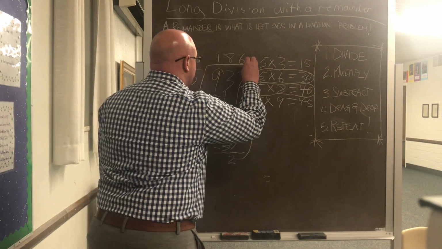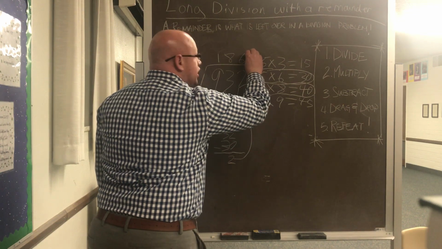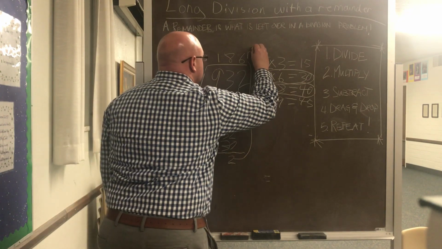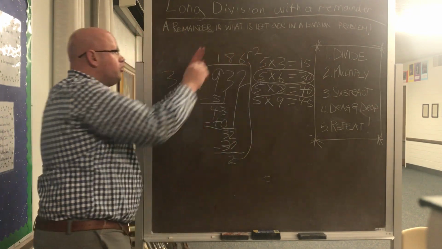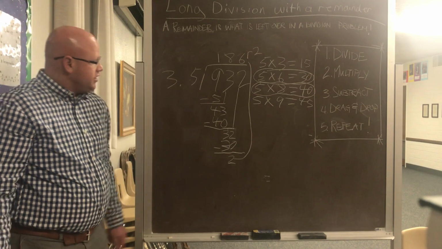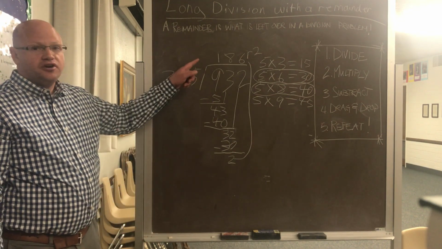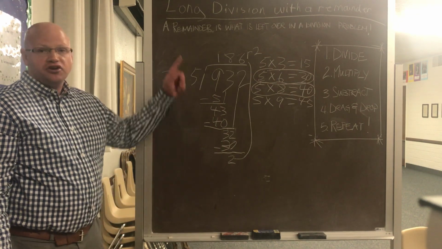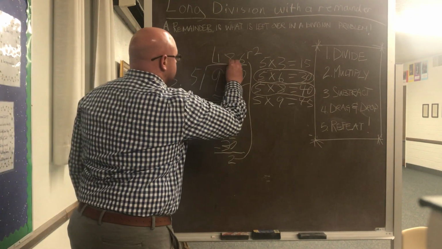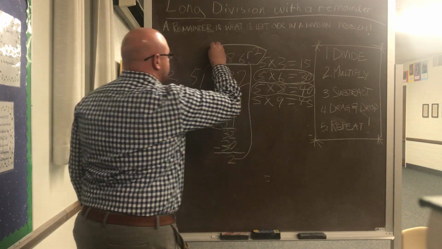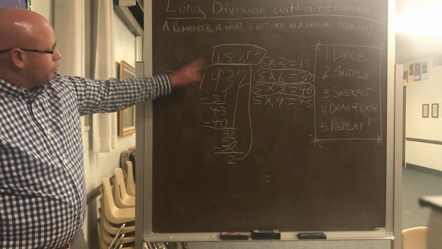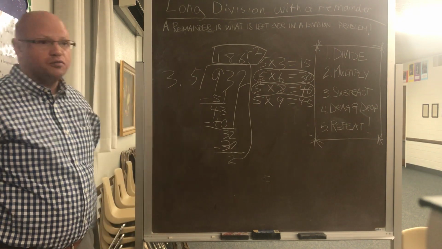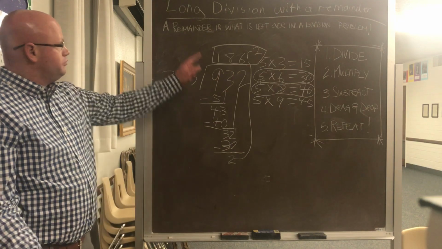So we write R right here, and then we write 2 off to the side, a little above the R. And so our answer comes out as 186 remainder 2. So let's square that so that we know our work and the process we went through shows the result, which is 186 remainder 2.